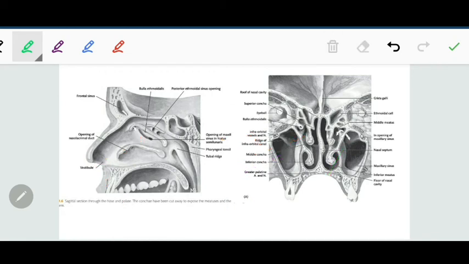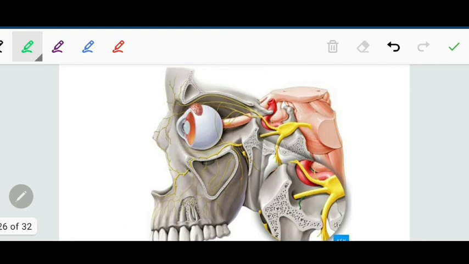Now regarding the nerve supply of the maxillary sinus, it is supplied by anterior, middle and posterior superior alveolar nerves. This is the posterior superior alveolar nerve, this is the middle superior alveolar nerve, and this one is the anterior superior alveolar nerve.